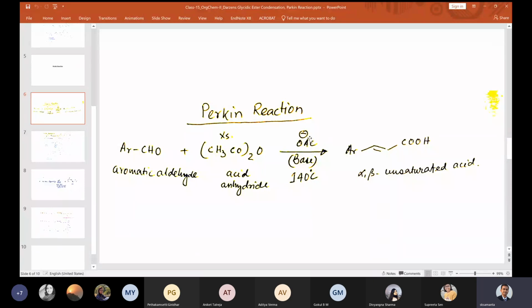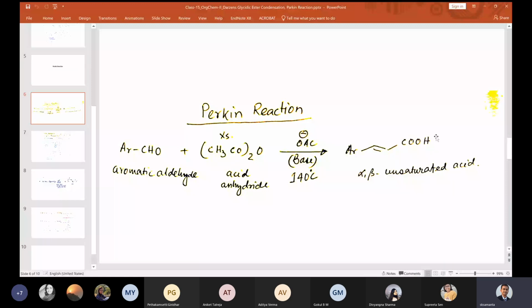What I'm saying is, here you take acetic anhydride, and here you take the acetate as the base. If you take the ethyl version, then here also you take ethyl. That is the difference. After reaction of these two, you get an alpha, beta unsaturated acid.